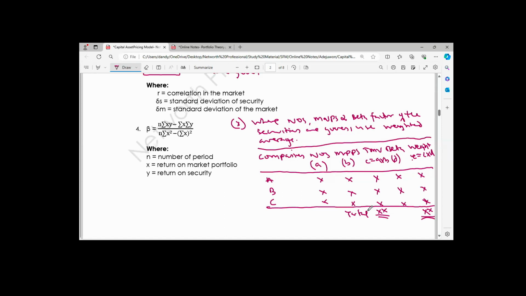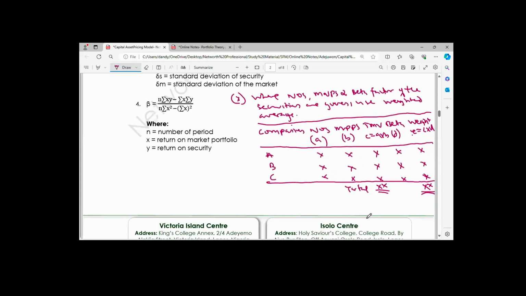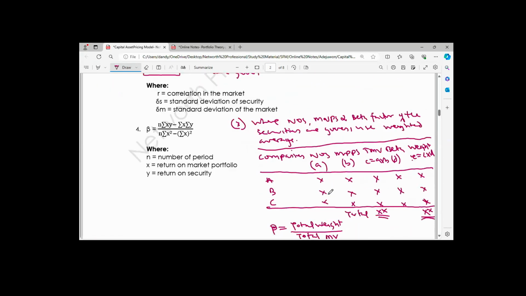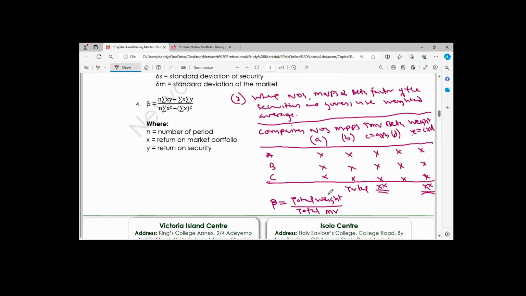So to now get the beta value, the beta value will be equal to total weights divided by total market value. So that's that. Like I said, this is the third most frequent formula that you are going to use for calculating your beta value.